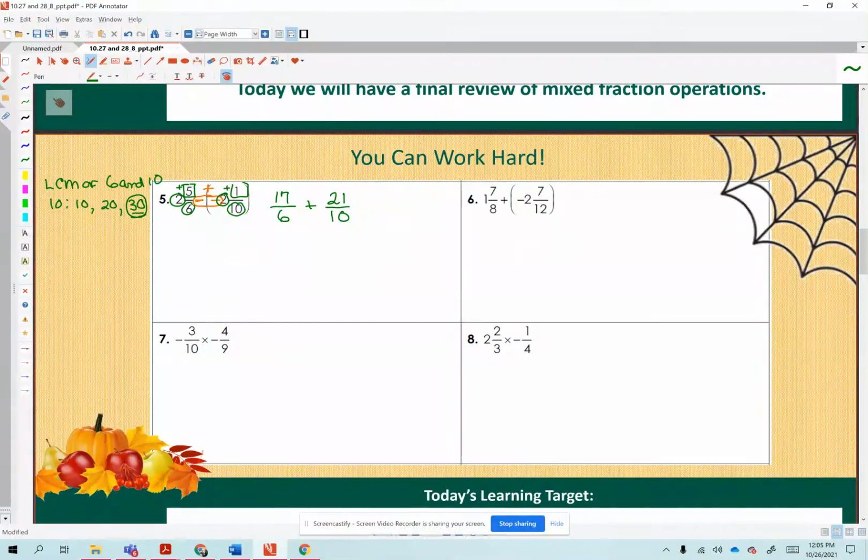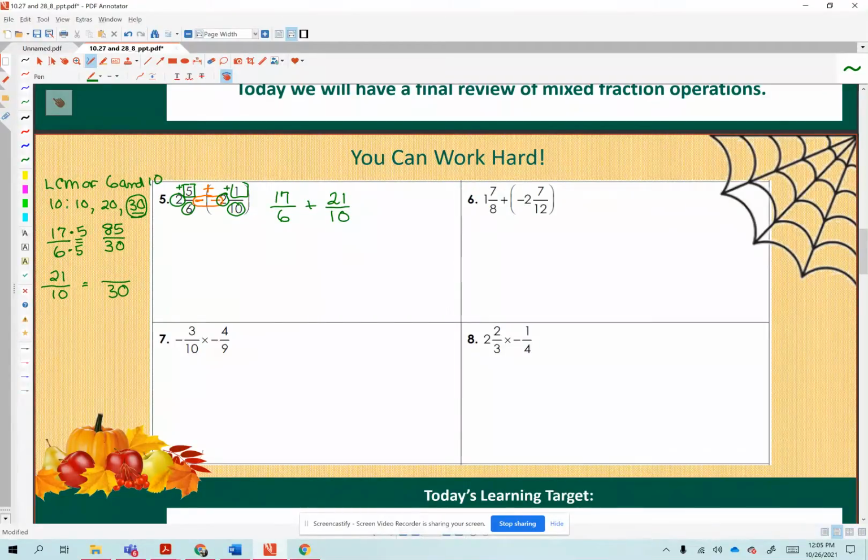So I'm going to rewrite 17 over 6 with a denominator of 30. And I'm going to write 21 over 10 with a denominator of 30. So 6 times 5 equals 30. 17 times 5 equals 85.